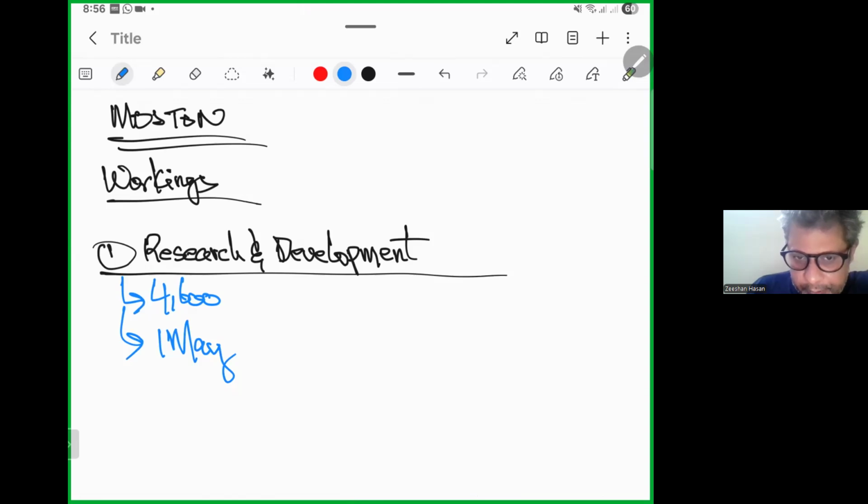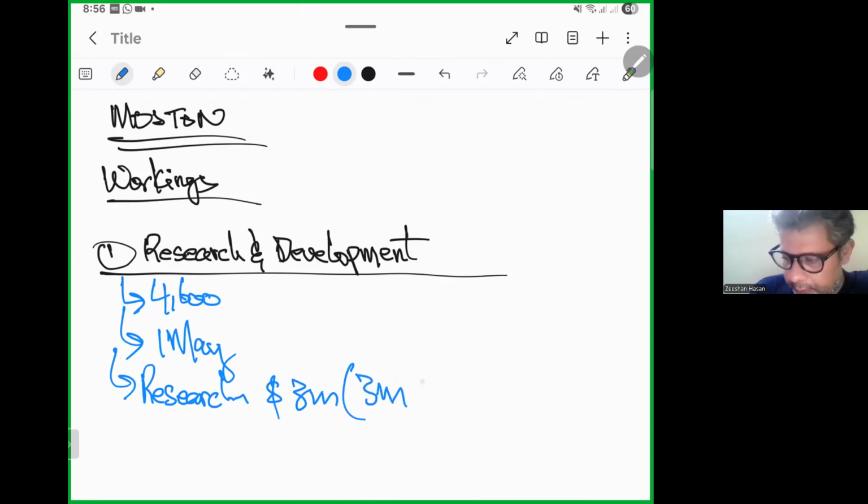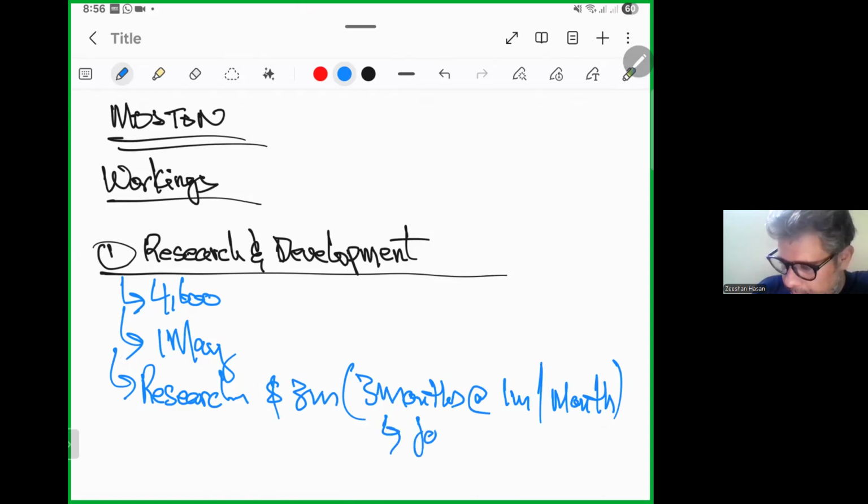So research is $3 million, that is 3 months at 1 million per month from January to March.